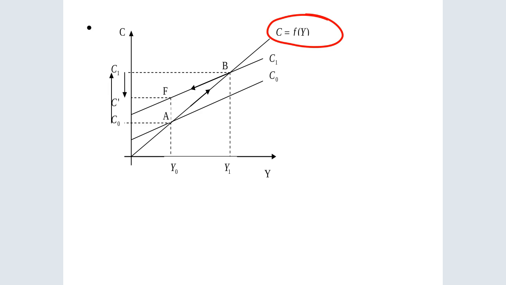Income. So we have different levels of consumption on the vertical axis. So we have C0, we have C1. So we have different levels of income.